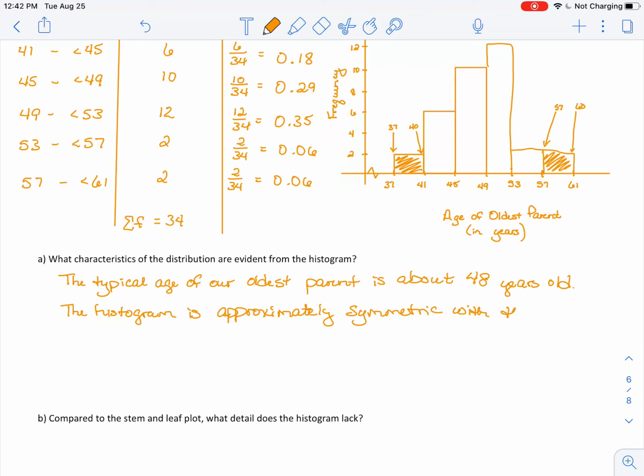So I'm going to put, so with the youngest parent being anywhere from 37 to 40 years old.